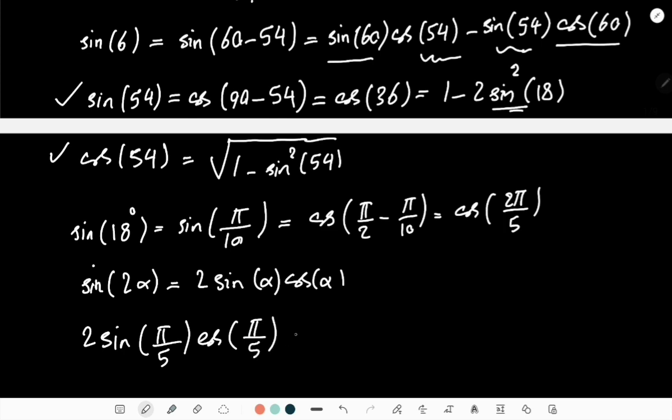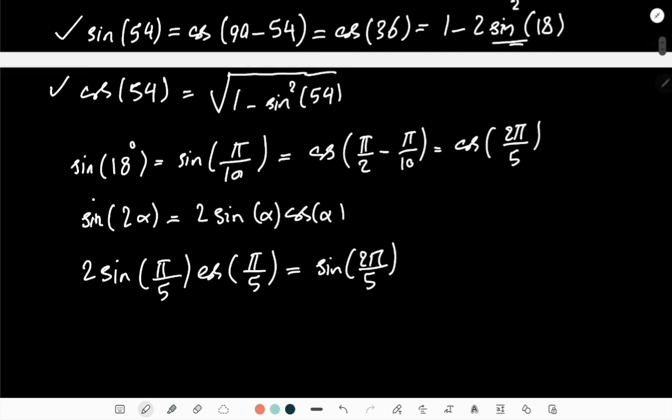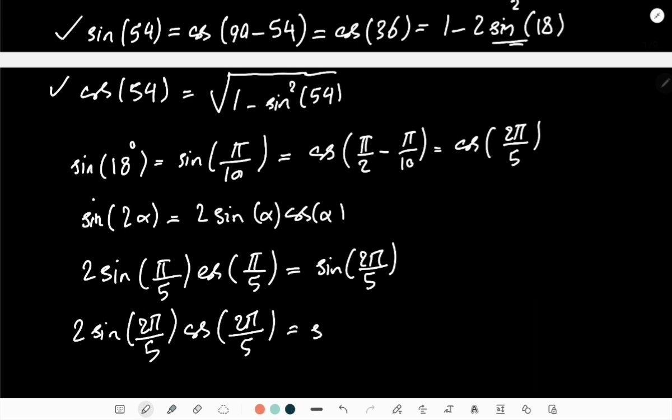That is equal to sine of 2 pi over 5, right? Okay. Also, if I take alpha to be 2 pi over 5, then I also get 2 sine of 2 pi over 5 cosine of 2 pi over 5. This is equal to sine of 4 pi over 5.